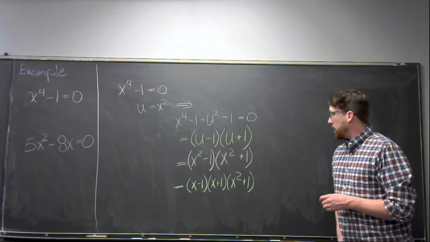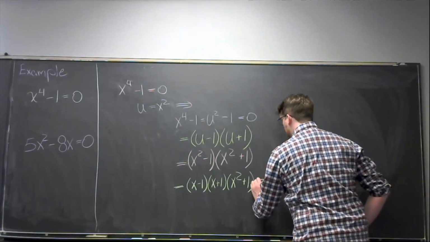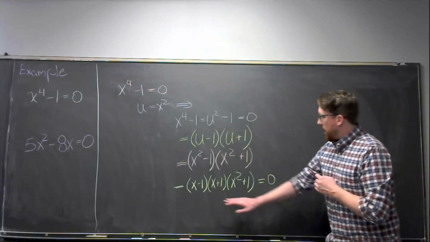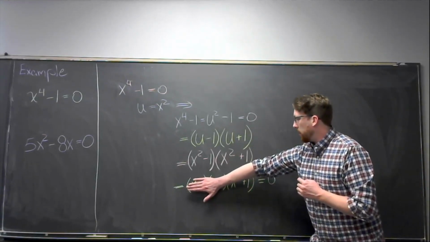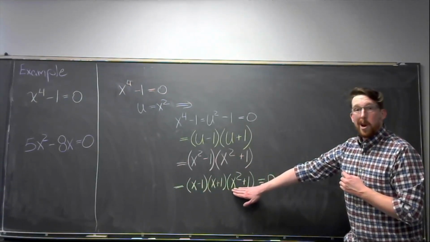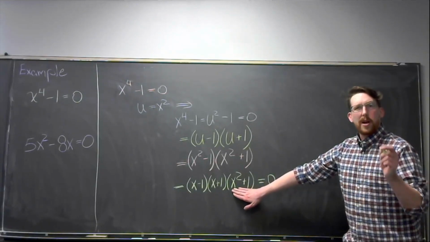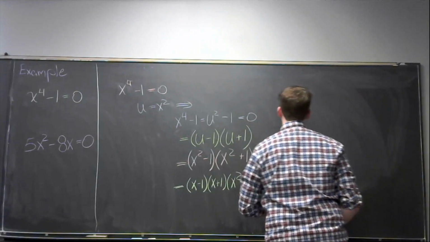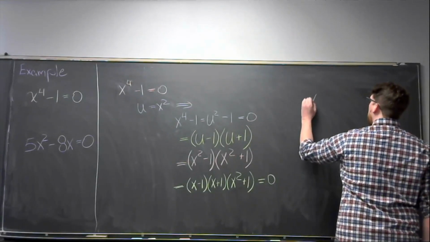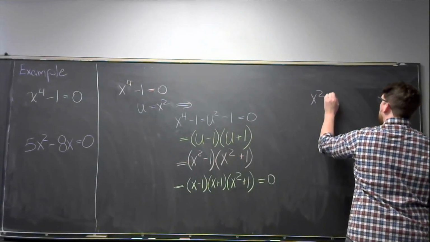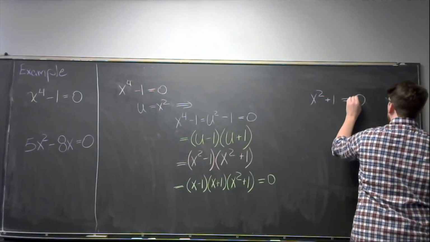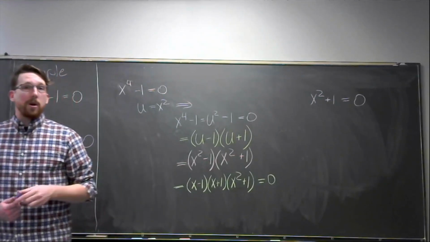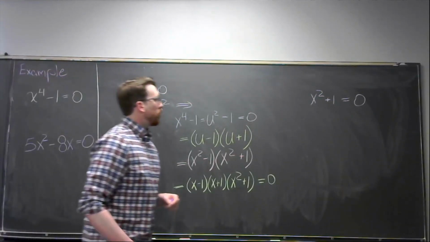But all of this is equal to 0. And if neither one of these are 0, then x squared plus 1 has to be 0. So I can apply the quadratic formula. So let's do that really quick. We've got x squared plus 1 is equal to 0. We want to apply the quadratic formula.